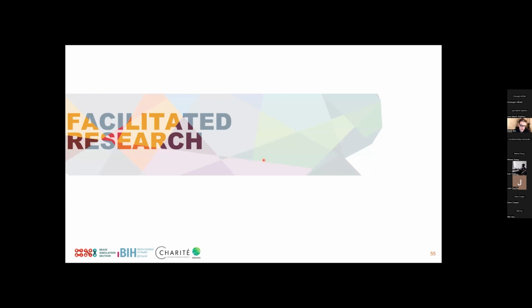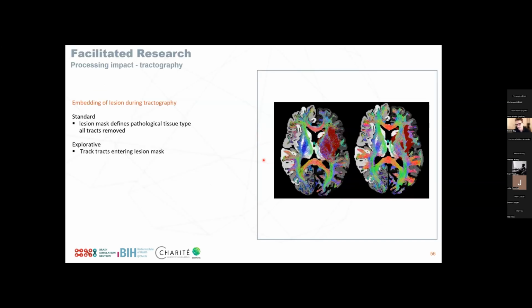And now that we have this validated and we have the processing pipeline done, to get back to actually TVB, what kind of research does this new processing pipeline facilitate? One project that we're doing right now is looking into how we can better integrate lesion information into our structural connectome, into our tractography.